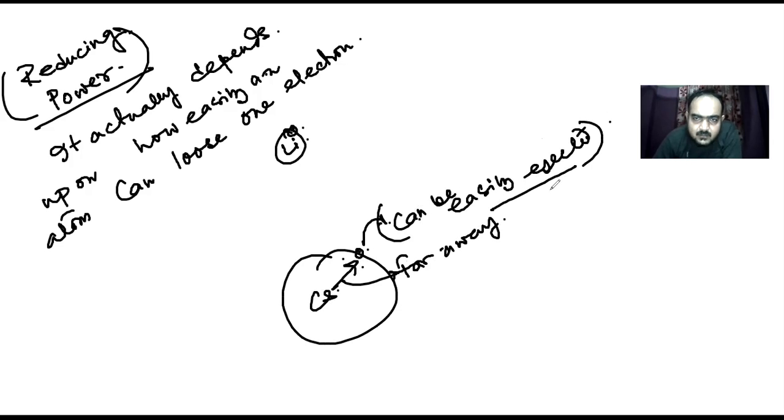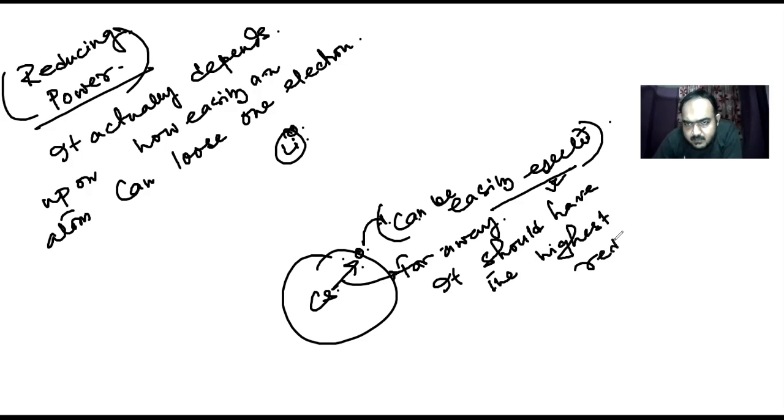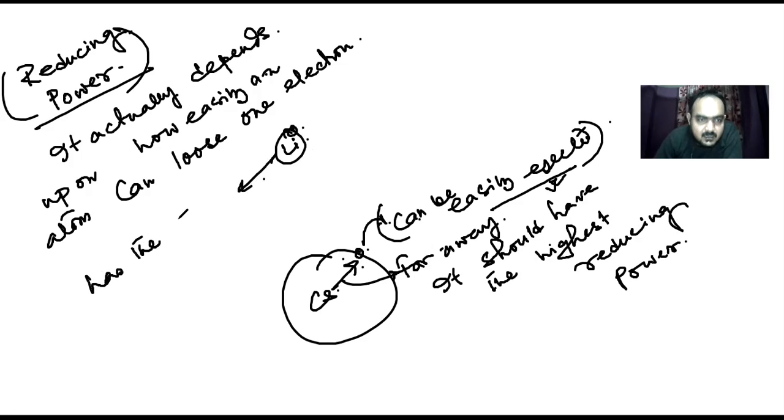So what happens? While it can be easily ejected, as you are seeing clearly, it should have the highest reducing power. But this is not true. Lithium has the highest reducing power.